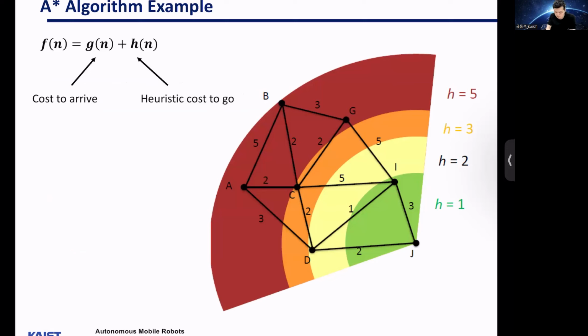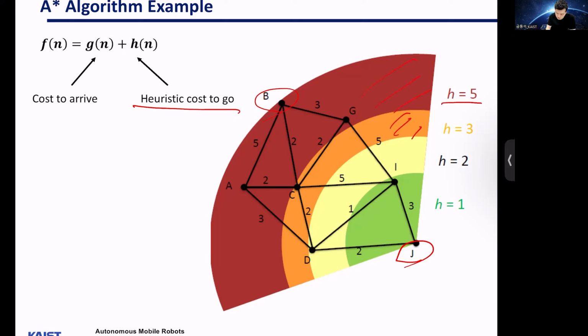So here in this example, we are going to start from B, just like the Dijkstra algorithm, and we want to get to J. But unlike Dijkstra, if you can construct this sort of heuristic cost to go map, where the distance is in this area, H equals 5.